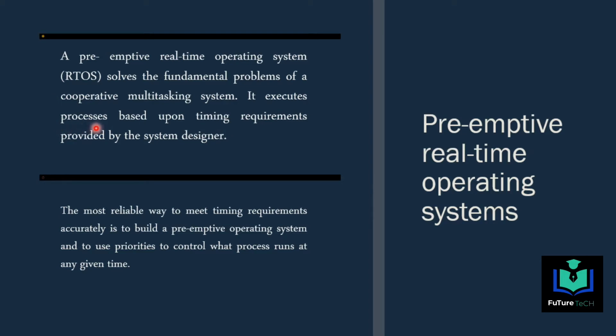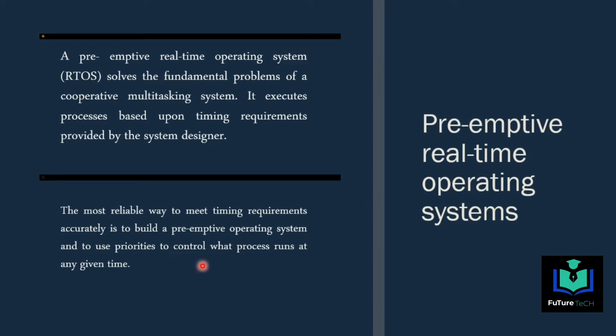So based upon the timing, the tasking can be performed with the help of a preemptive real-time operating system. This is the most reliable way to meet timing requirements accurately, and it uses priority to control what process runs at any given time.